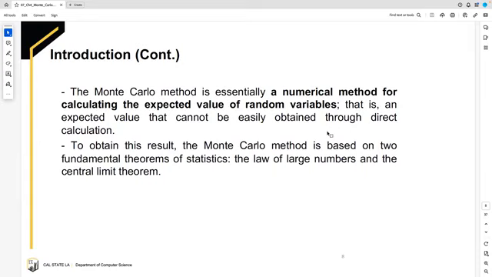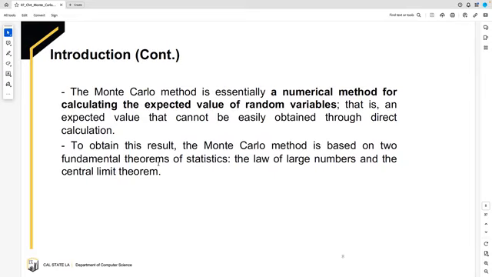So we talked about your GPA, and if your grades are a random variable, which I hope they're not, then you can just find the values of that random variable for some samples, and then you find the average, which is the expected value of that random variable.